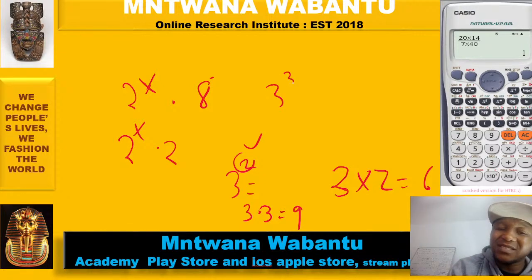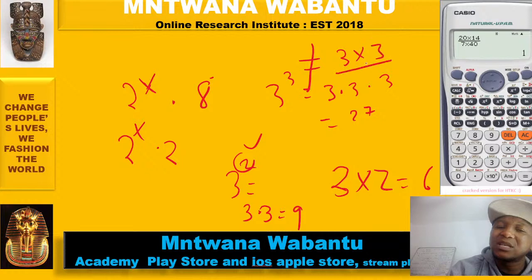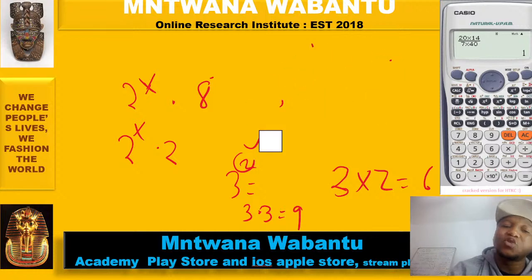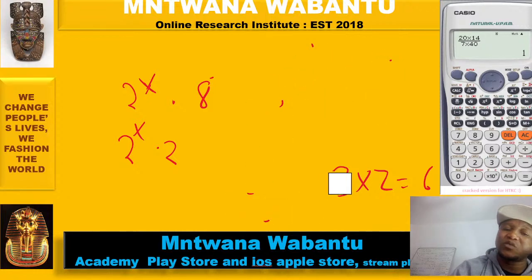If I say 3 cubed, it's 3 times 3 times 3, which is 3 times 3 equals 9, 9 times 3 equals 27. So this is not equal to 3 times 3. It's two different things. Now let's go to our business here, because I want to show you this rule so we can solve this question.